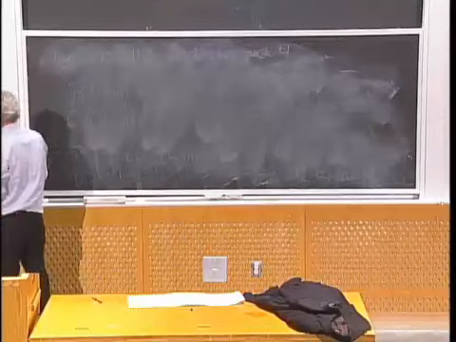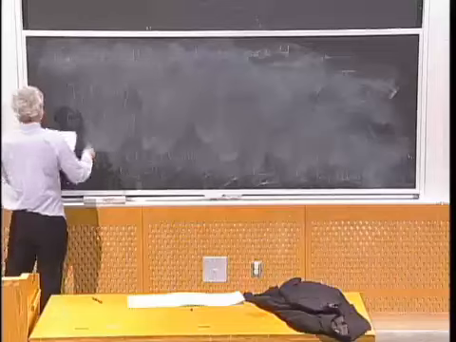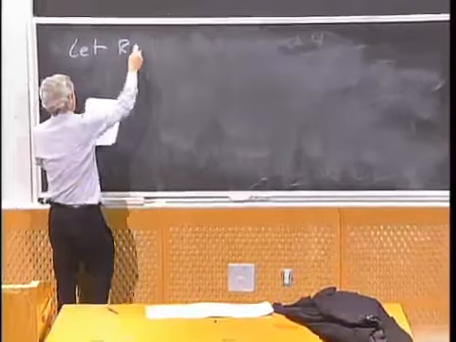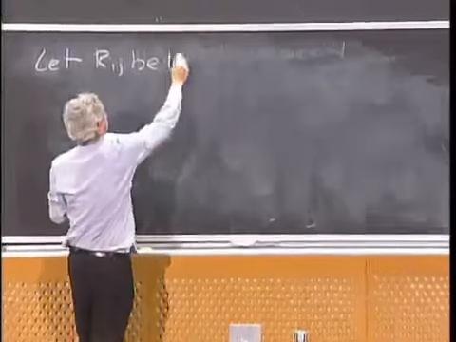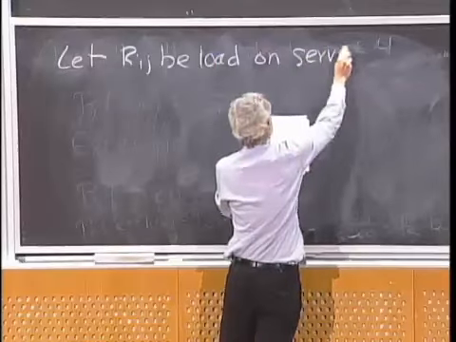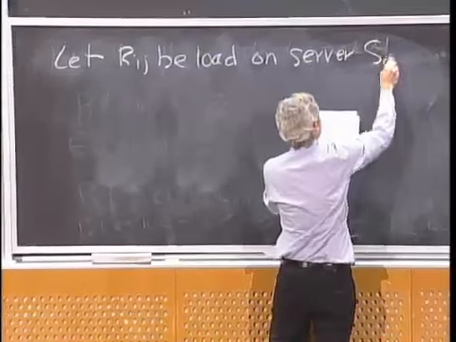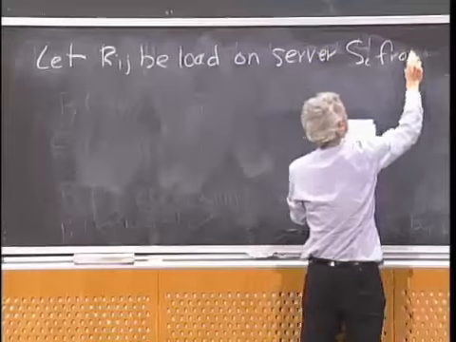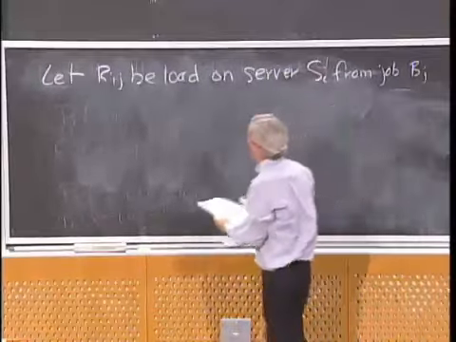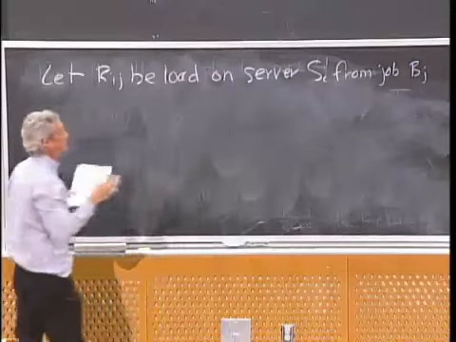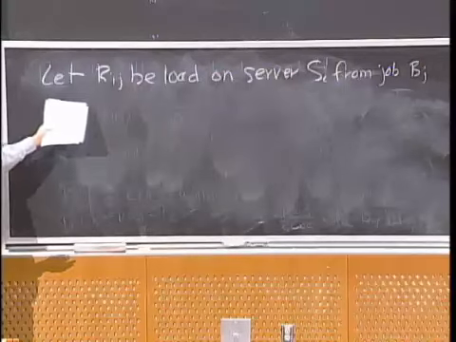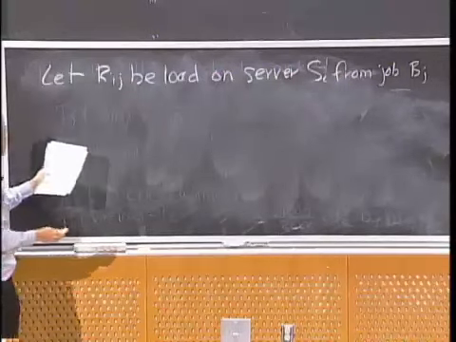Of course, we're going to use the Chernoff bound to do it. So let Rij be the load on server Si from job Bj. Now, if Bj is not assigned to Si, it's zero load, because it's not even doing the work there.